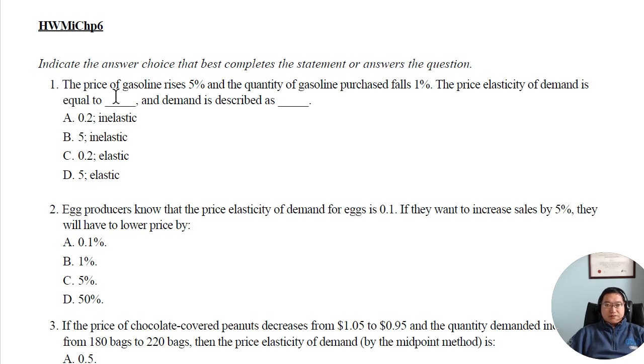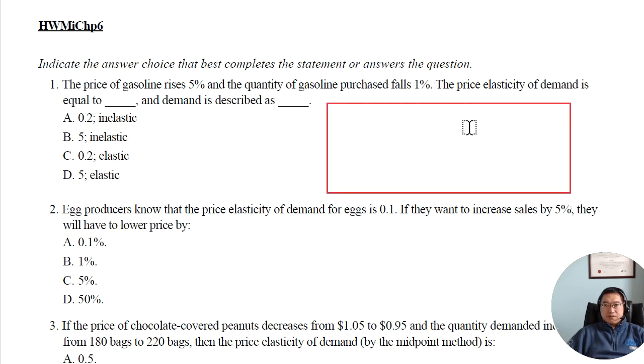Question 1. The price of gasoline rises 5%, and the quantity of gasoline purchased falls 1%. Now, in the elasticity formula, the elasticity of demand is the percentage change in quantity demanded divided by the percentage change in the price. So what do we get?